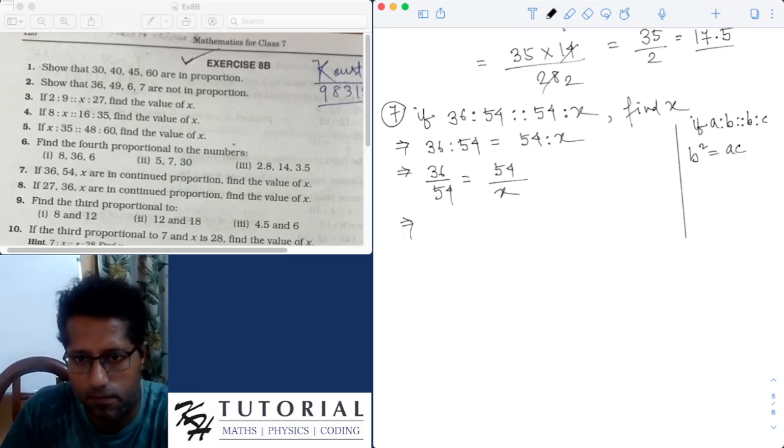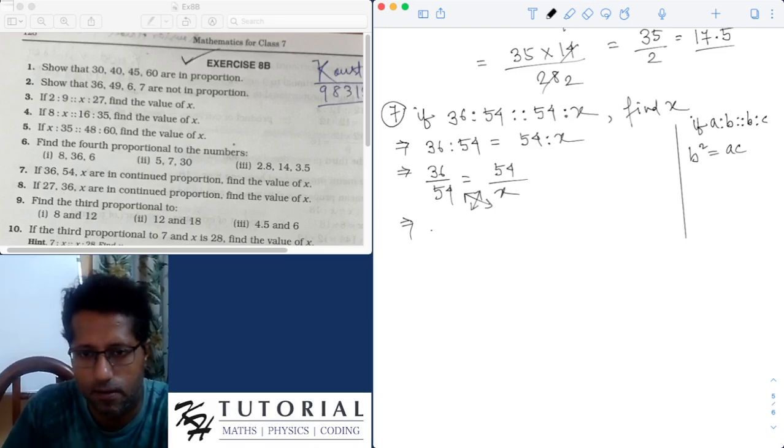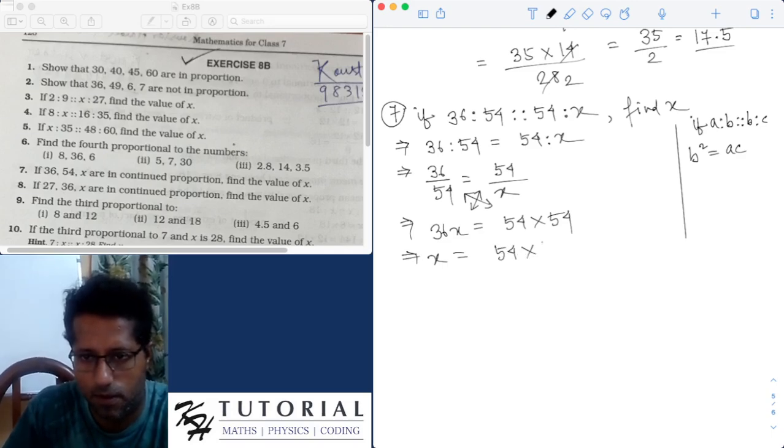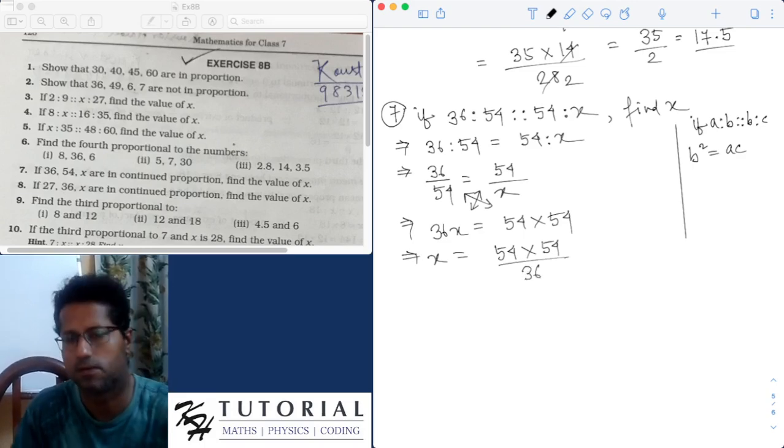So from here, if we do cross product, we get 36x equals 54 into 54. So this implies x equals 54 multiplied by 54 divided by 36.